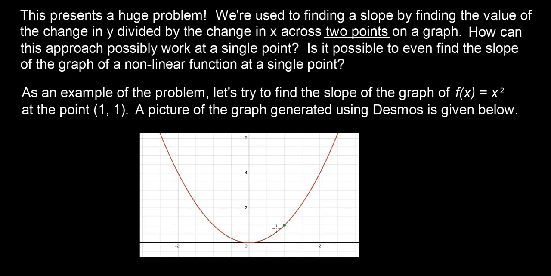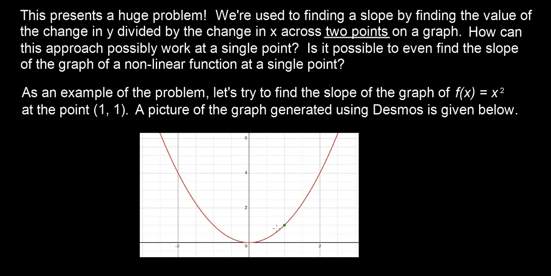So the reason I put that word slope in quotation marks in my title is because the graph of x squared does not have the slope. The slope of the graph of x squared varies depending on where you look. And in this case, it would actually vary on a point by point basis because at some regions the graph is falling as you look from left to right.